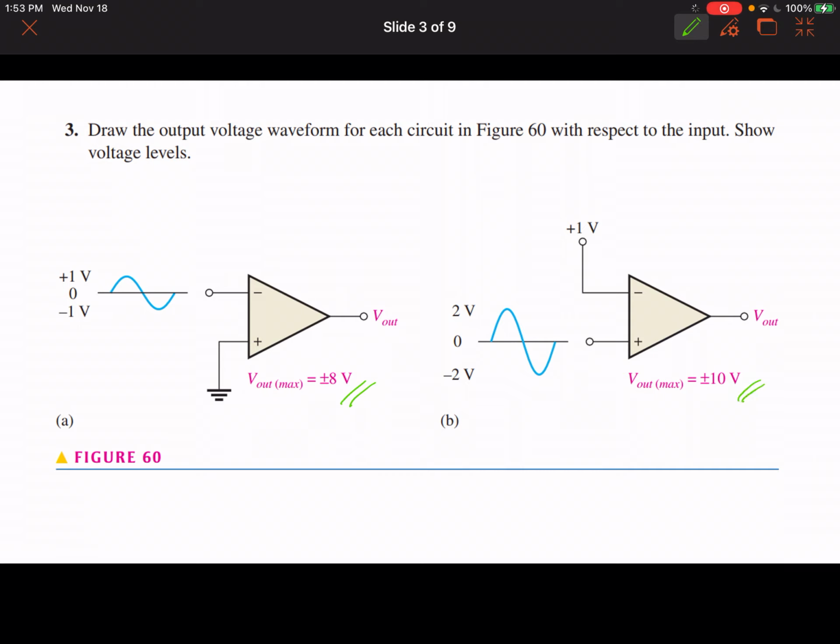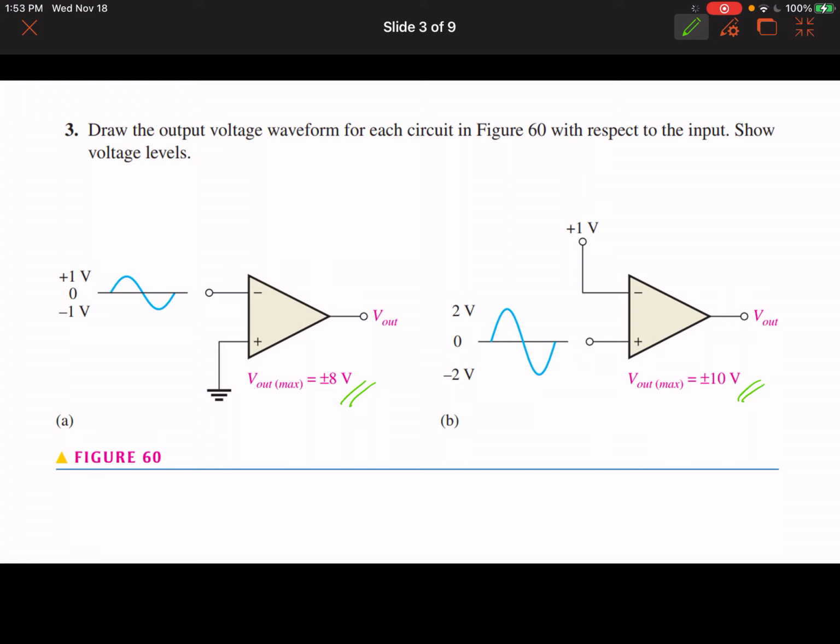So even if you have a gain of hundreds of thousands, from conservation of energy, naturally you cannot provide an output that is greater than what you feed into the amplifier. So if the input is 1 volt or 2 volts, the output will give you a maximum of plus or minus 8 volts.